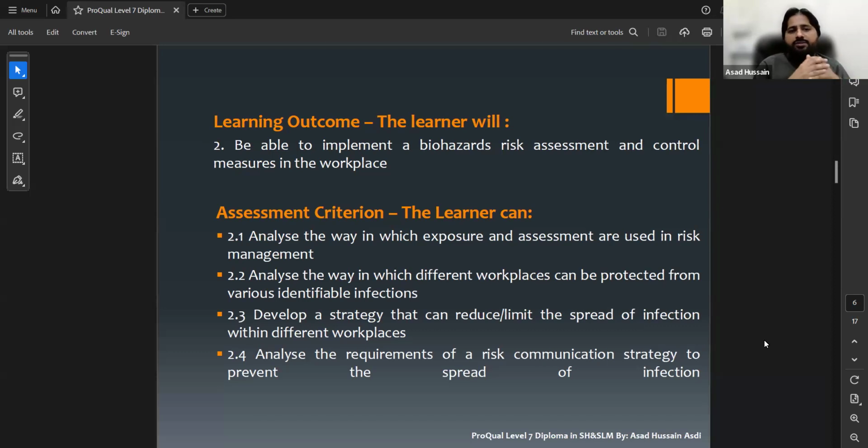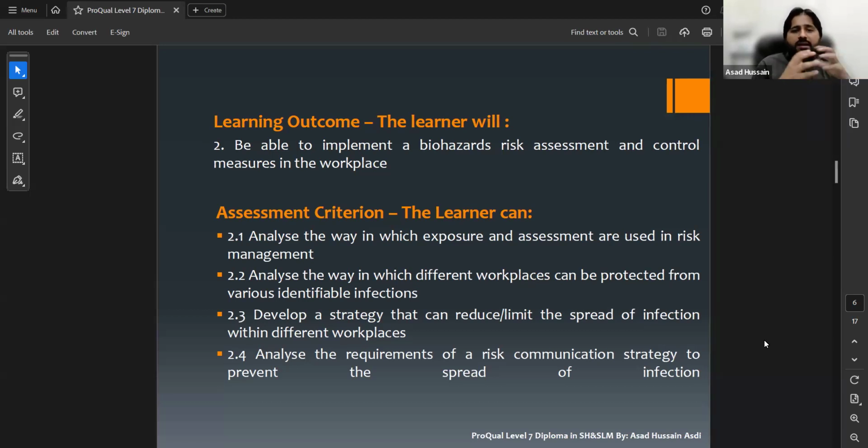Now, 2.2, analyze the way in which different workplaces can be protected from various identifiable infections. You know very well that safety risks and hazards were covered in the first assessment criterion, but still, there are many health hazards present at different workplaces due to different circumstances.